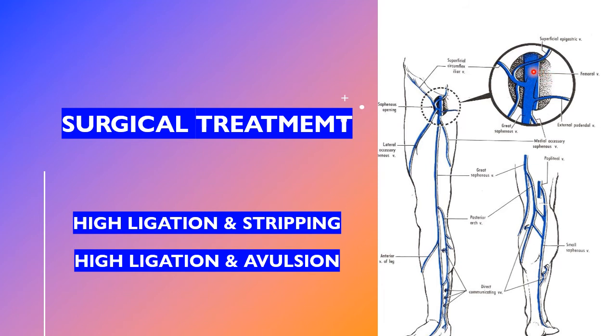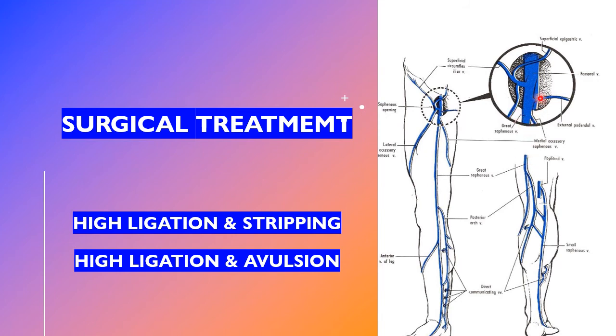At the same time, ligate the superficial long saphenous vein as close to the femoral vein as possible and transect the vein away from the femoral vein.